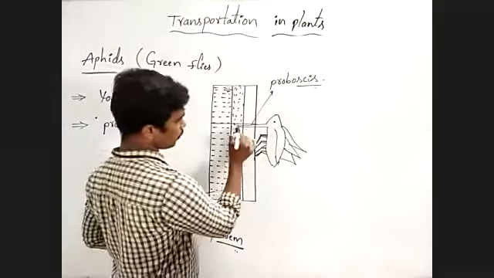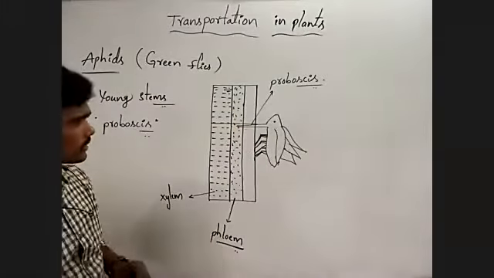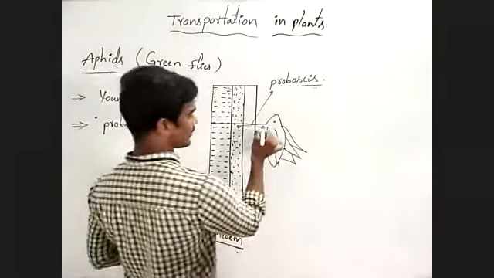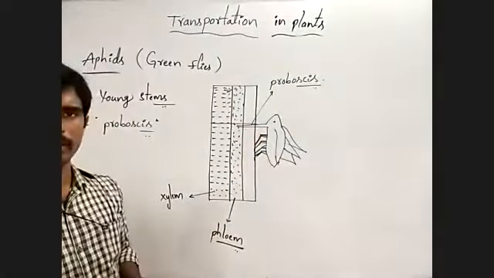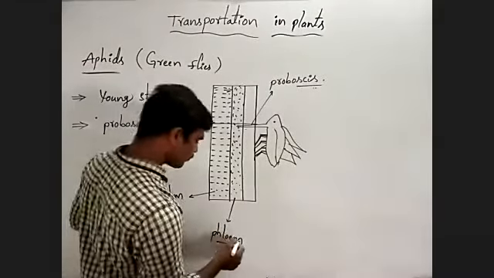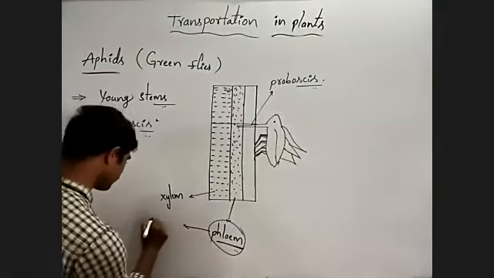To get the food material, they inserted the proboscis into the phloem. Means in phloem tissue, food material is present.